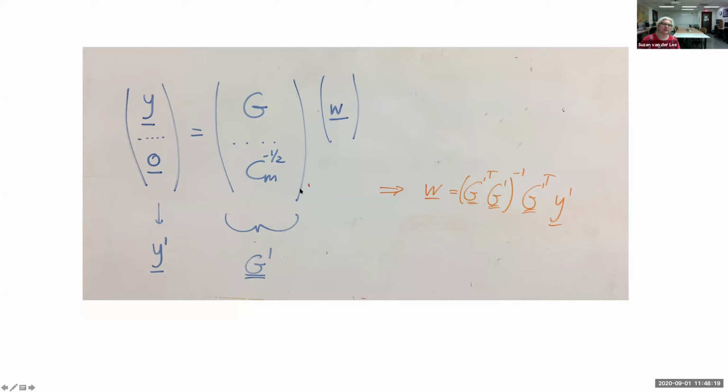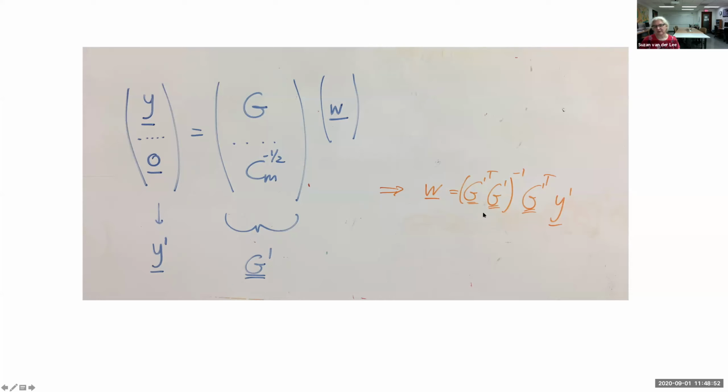And some of you might recognize this as damping. This Cm minus 1/2, this inverse square root of the model covariances, does not have to be a diagonal matrix. It could contain constraints on the first derivative, for example, the differences between the weights for neighboring grid points. So we can call this combined matrix G prime again, and this combined data vector Y prime.